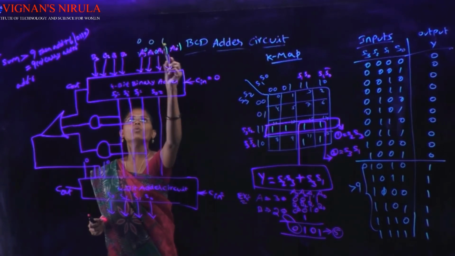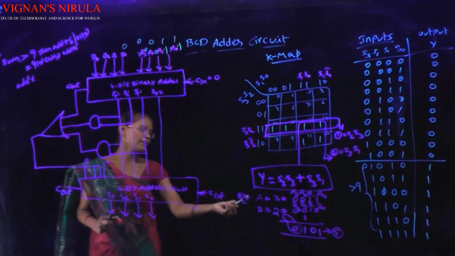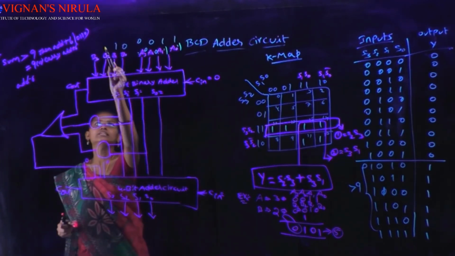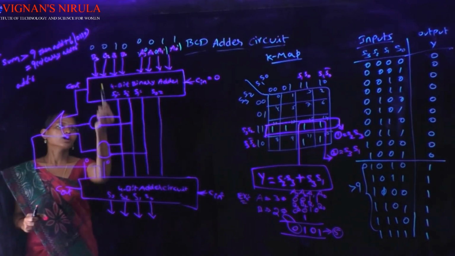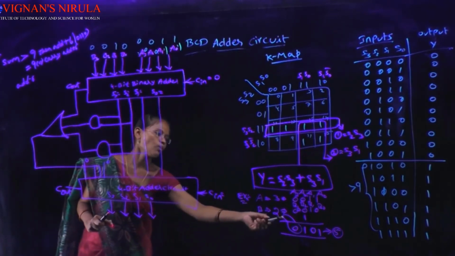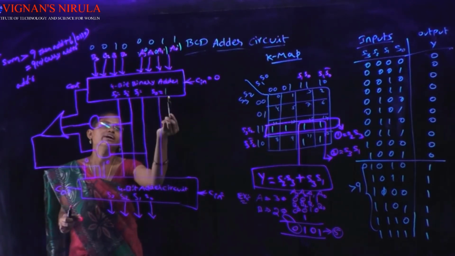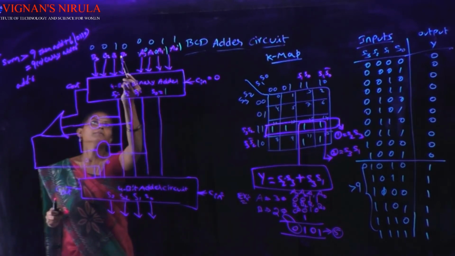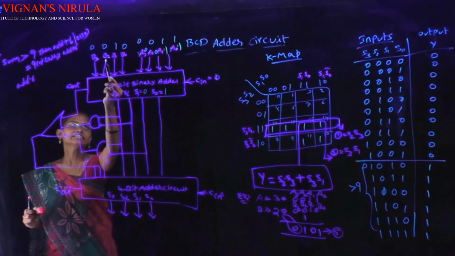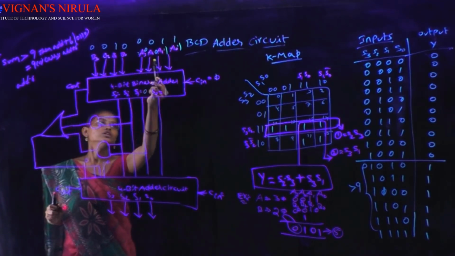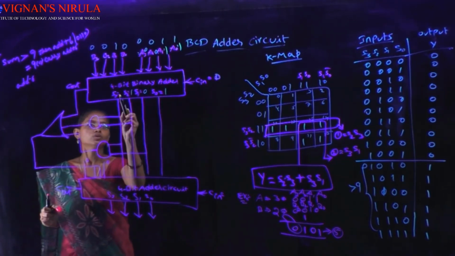B0 bit is 0, B1 is 1, B2 is 0 and B3 is 0. In the addition operation, what do we get? A0 plus B0 is 1 plus 0, 1. A1 plus B1 is 1 plus 1, carry 1, sum 0. Next A2 plus B2, 0 plus 1 gives carry 0, sum 1, and 0 plus 0 is 0.